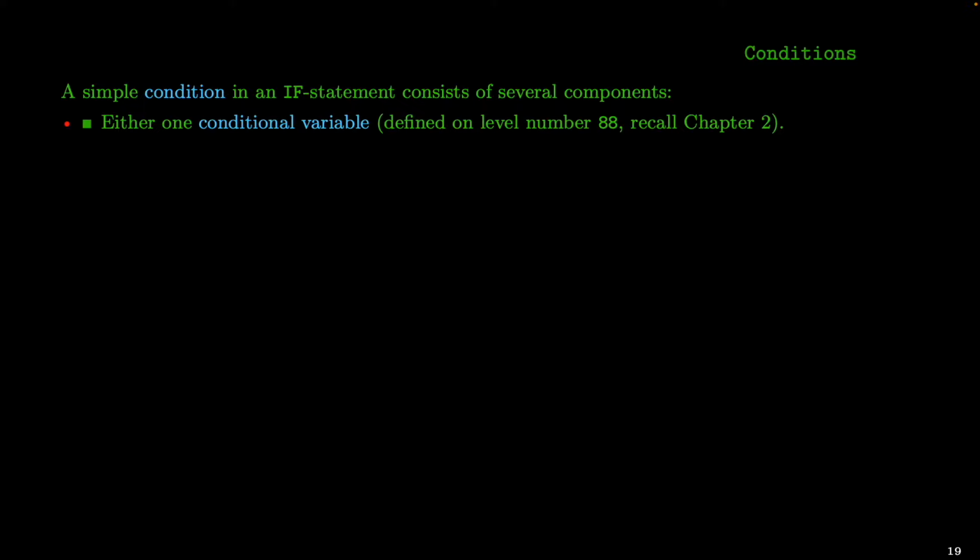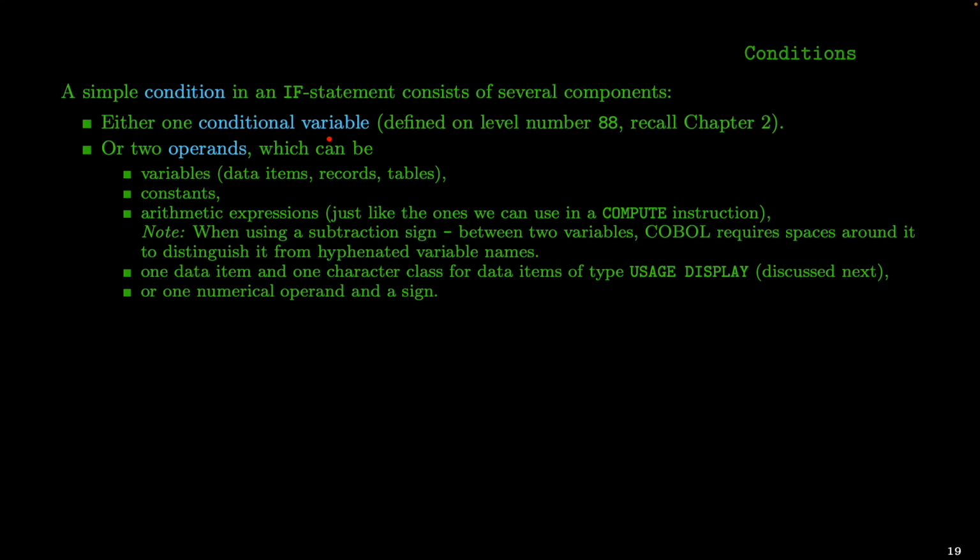We had this example with the ghost town, the village, and the city, depending on the population size. And depending on the number we assign to this conditional variable, the conditions in it were either true or false. So we could use those in an if statement.